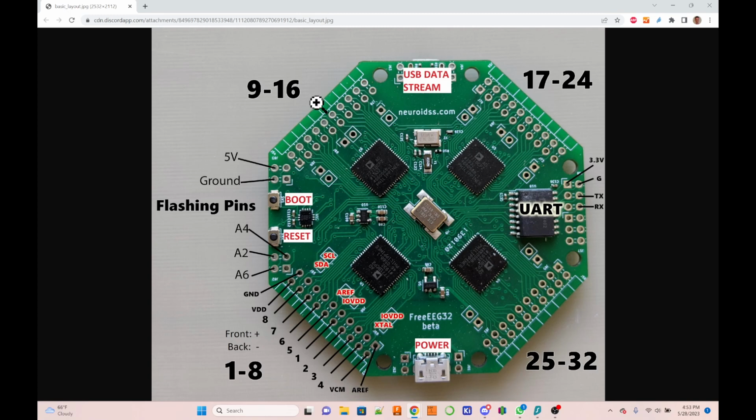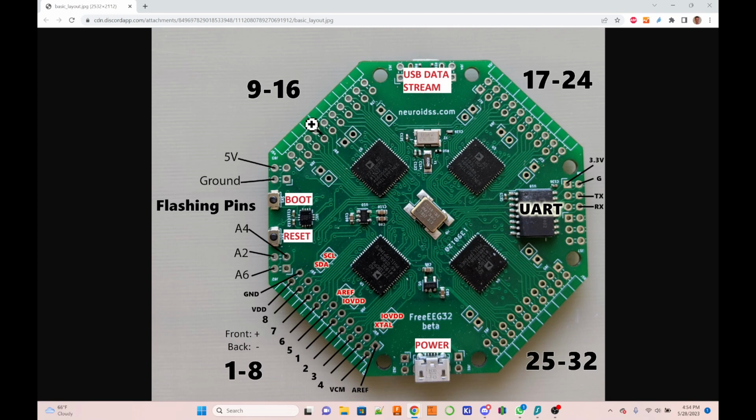And it starts from the center left, or center right, depending from what direction you're looking at. But this one right here is the first channel of this ADC. So in this case, it's the second ADC, so channels 9 to 16. So this here is channel 9, and then this is channel 10, channel 11, and channel 12. And then on this side, channel 13, channel 14, channel 15, and channel 16.